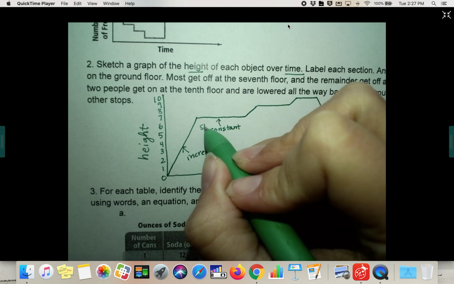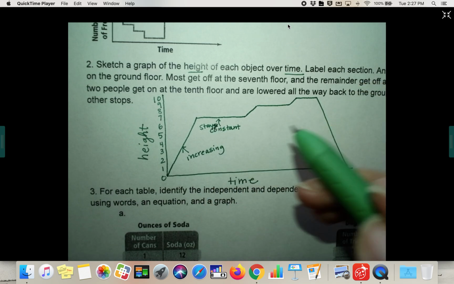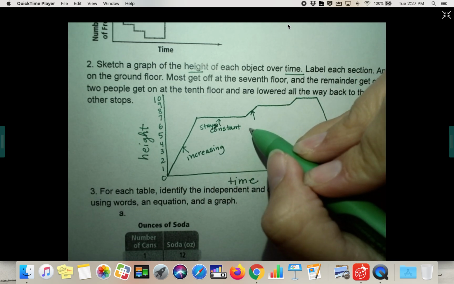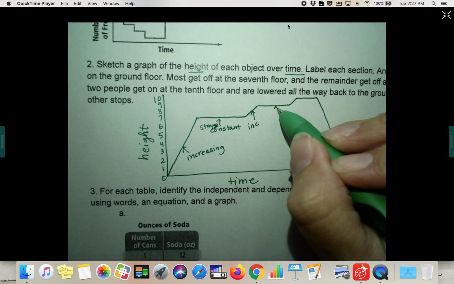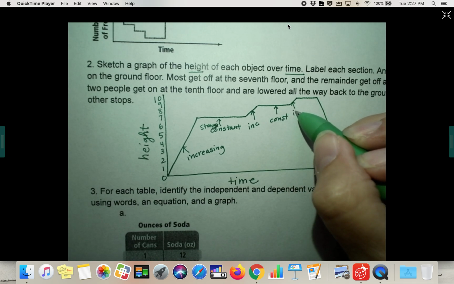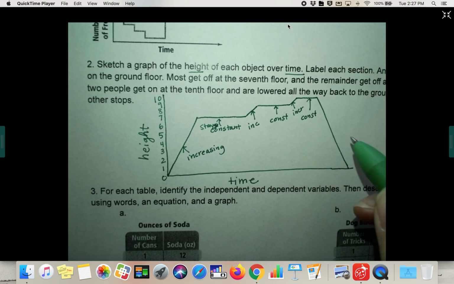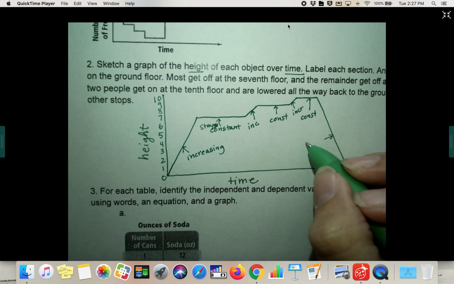It stays constant. Here it increased again. Here it stayed constant again. Here it increased again. Here it stayed constant again. And then here it declined pretty quickly.